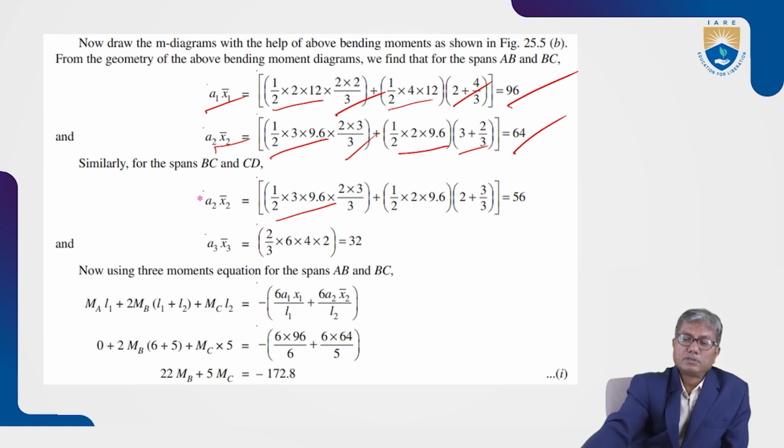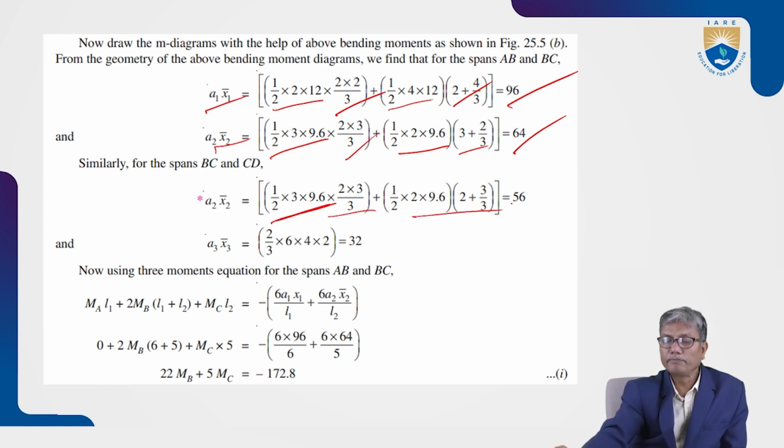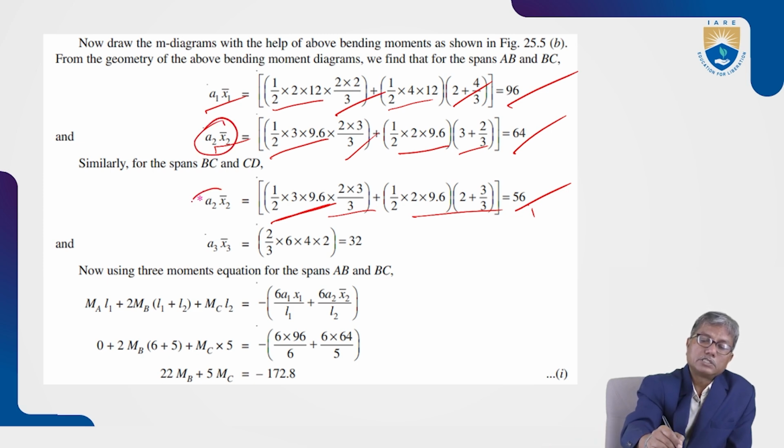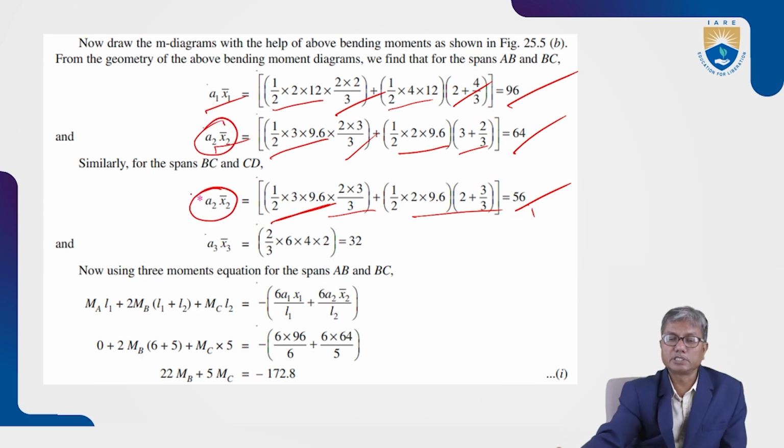For BC, distance is measured from B. For CD, distance is measured from D. Similar. You're getting this 56 this time. This A2 x2 bar and this A2 x2 bar are different. They are not the same.